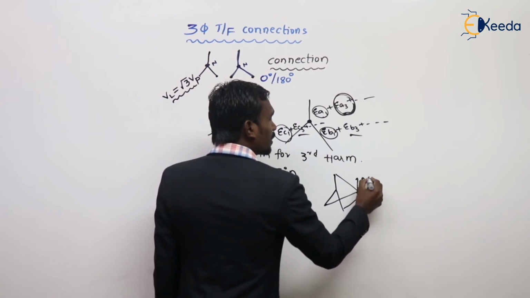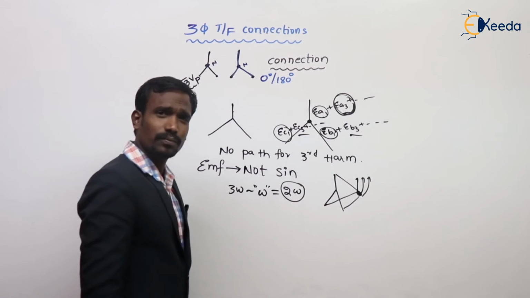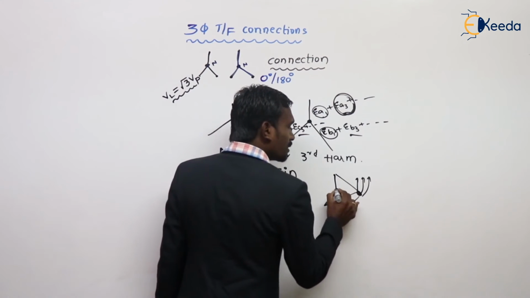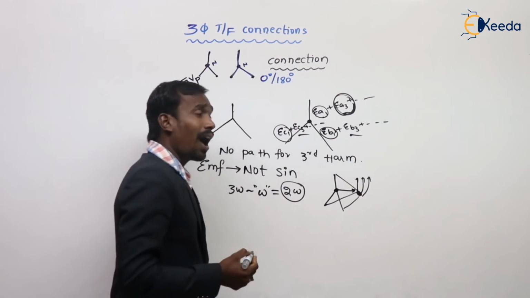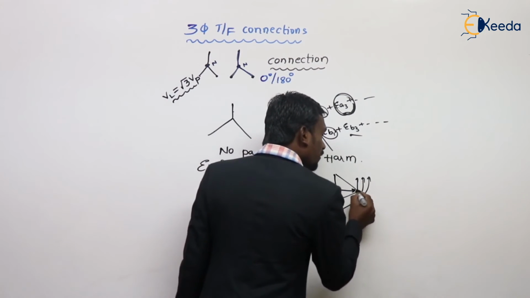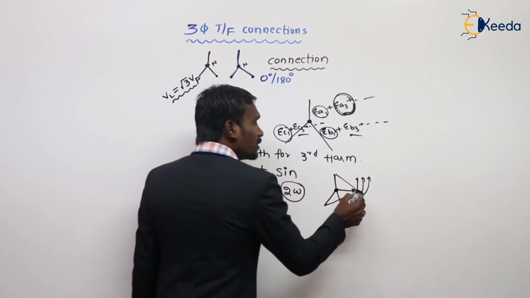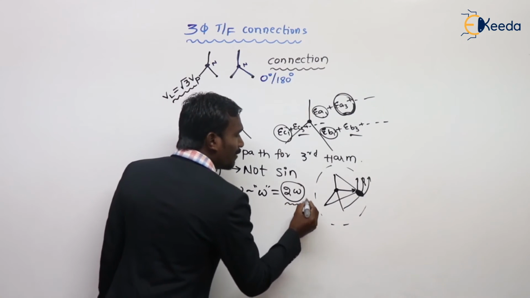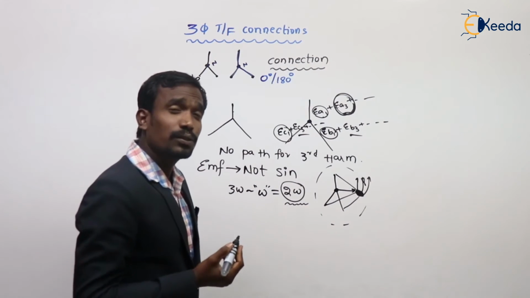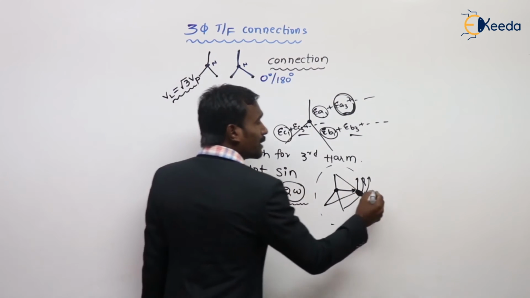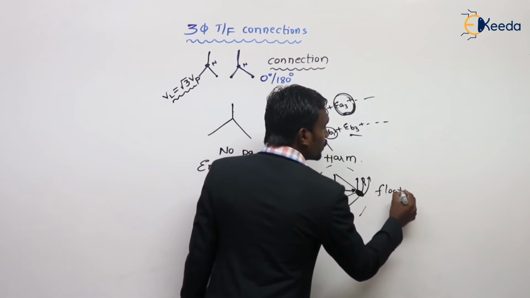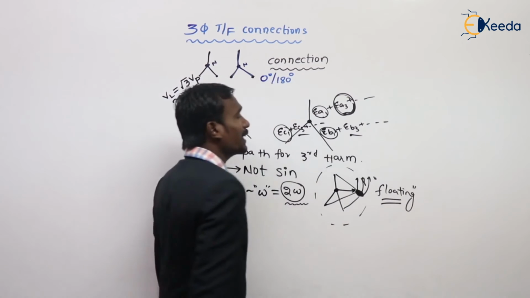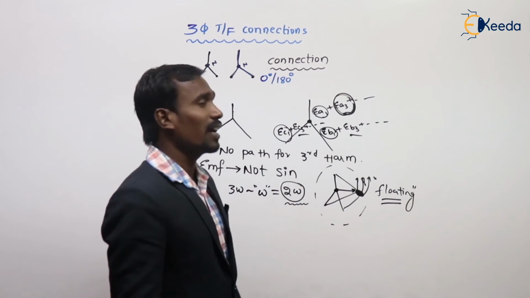The neutral point is shifted from its original position, and this neutral is not even constant. This neutral is rotating with 2 omega velocity. That's why this neutral point is called floating neutral in the star-star connection.